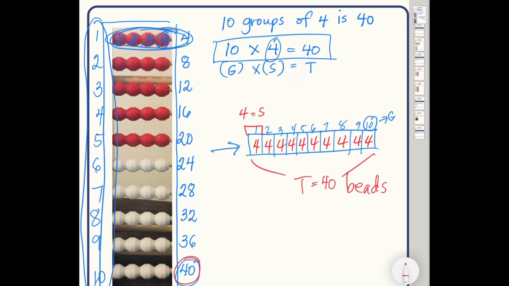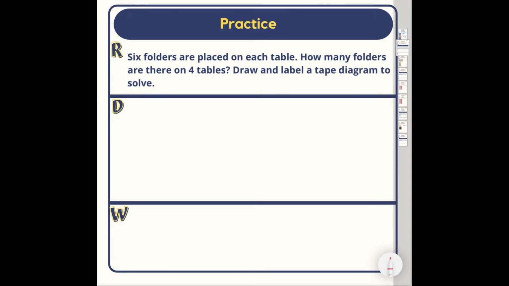Now let's go and apply our skill in skip counting by 4s using our tape diagram by solving a word problem. It says 6 folders are placed on each table. That means each table or each box will have 6 folders.